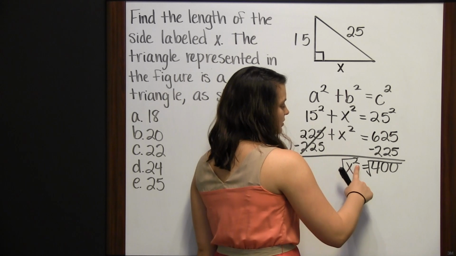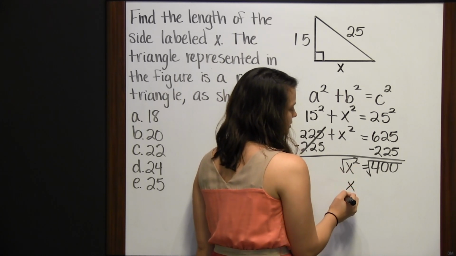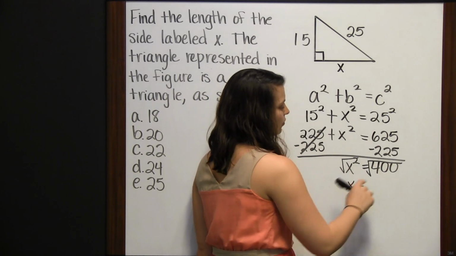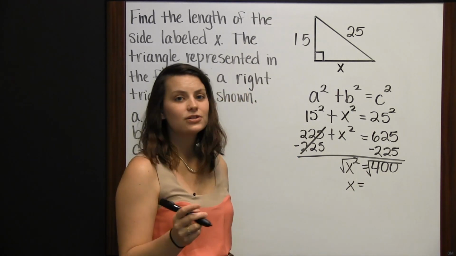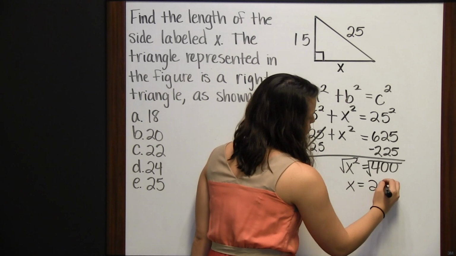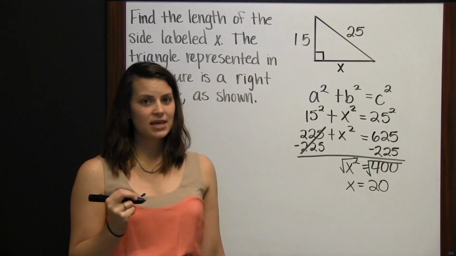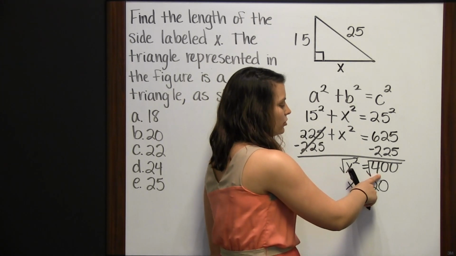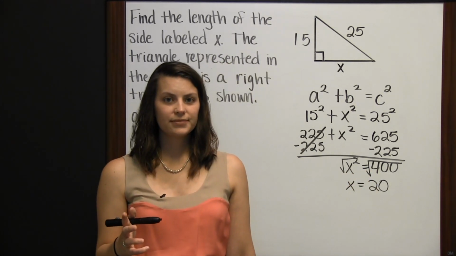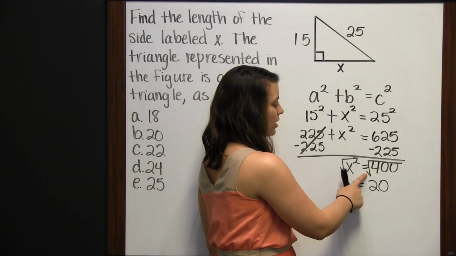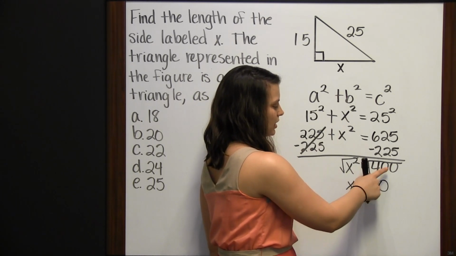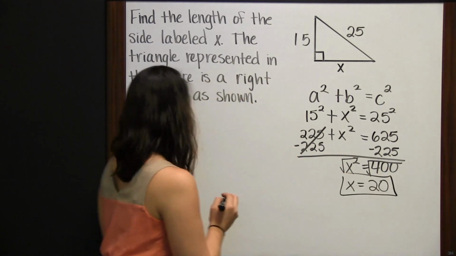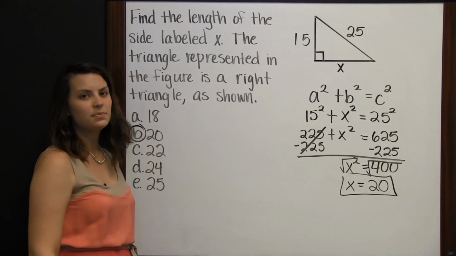The square root of x squared is simply x, equals the square root of 400, which is 20, since 20 times 20 is 400. When you square root a number, you're really asking a question: what number times itself is 400? That answer is 20. So our answer is B.